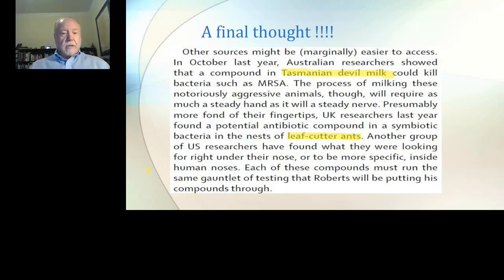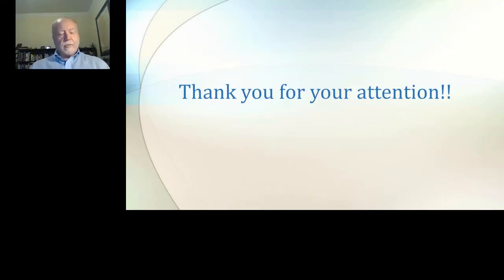And then there is another group that have actually found that there is a novel antibiotic that's been found in the nests of leafcutter ants. So our ingenuity is appearing to have no limits, and I hope that whether it's Tasmanian devil milk, leafcutter ants, or some of the ingenious mechanisms that I've just been describing actually provide us with new weapons against antibiotic resistance.